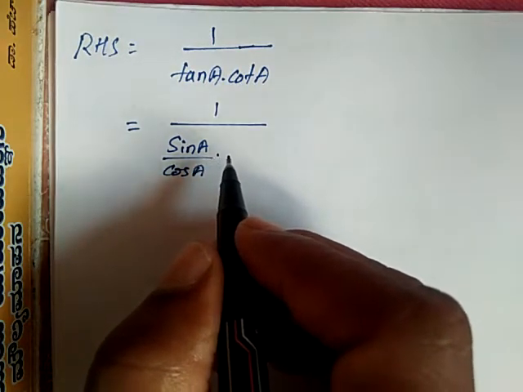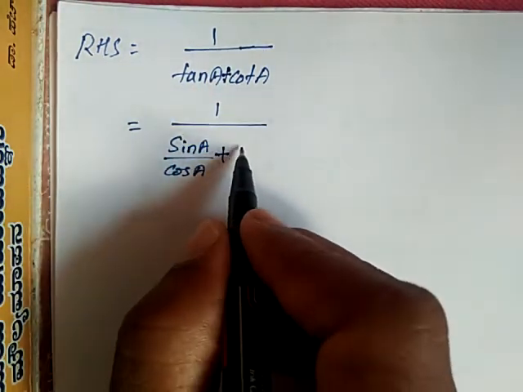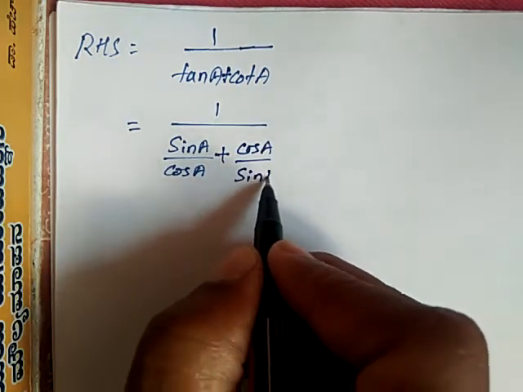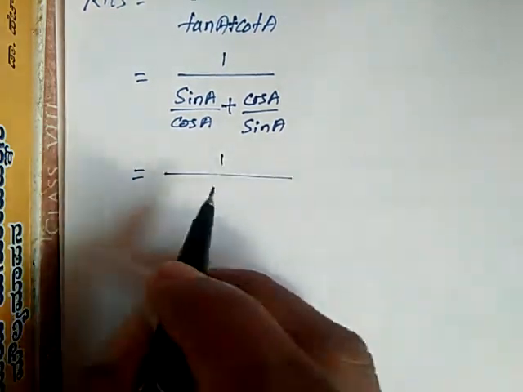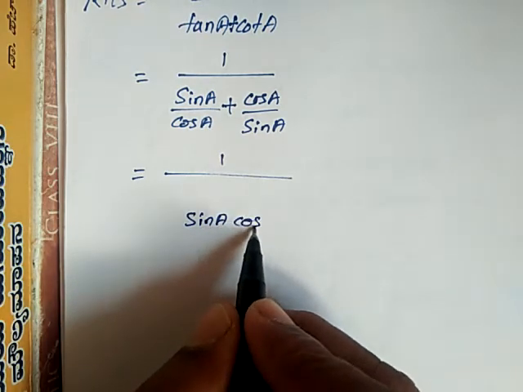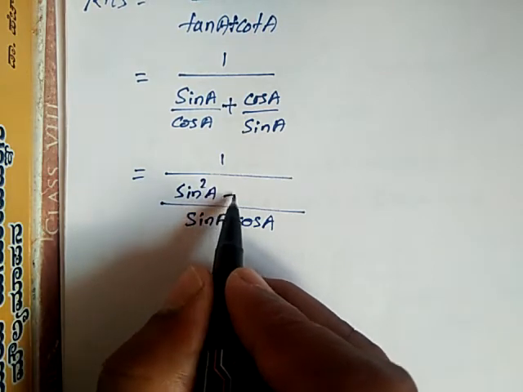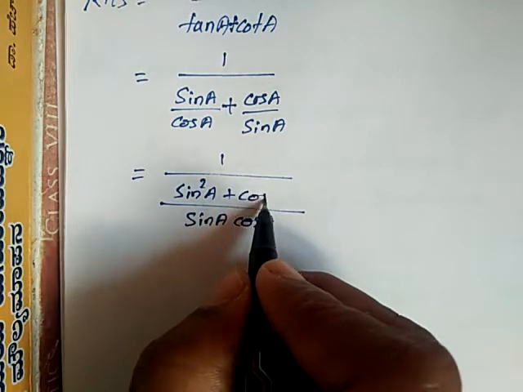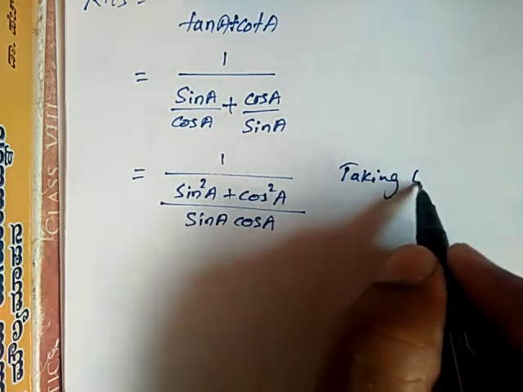So this is not tan A into cot A, this is tan A plus cot A, so this will be plus cos A divided by sin A. Okay, so now it will be what? 1 divided by, take the LCM here, sin A into cos A. Already cos A is there, so it can be written as sin square A. Already sin A is there, so the multiplication gives cos square A. Taking LCM, you will get like this.